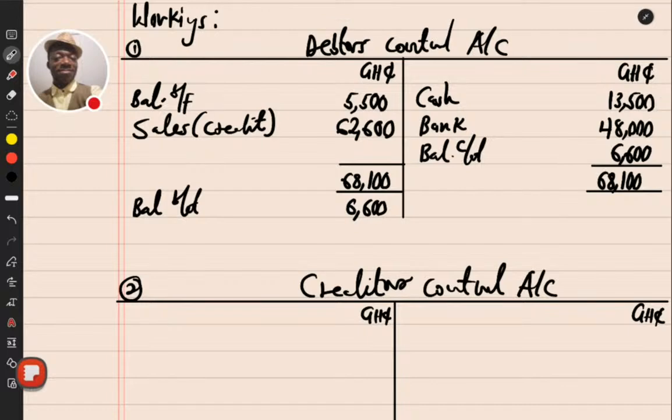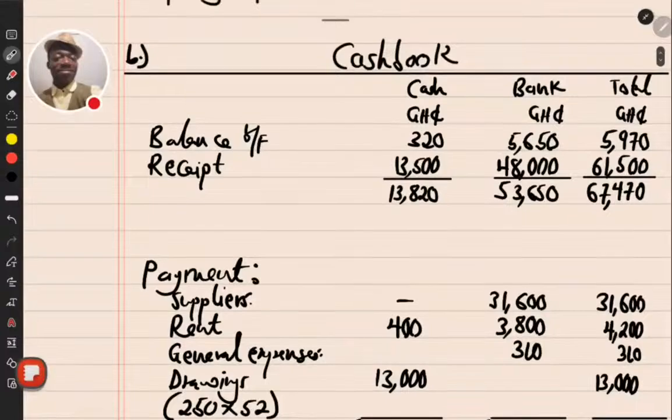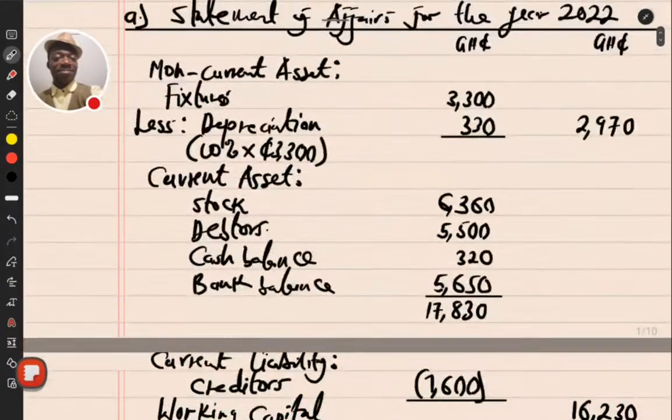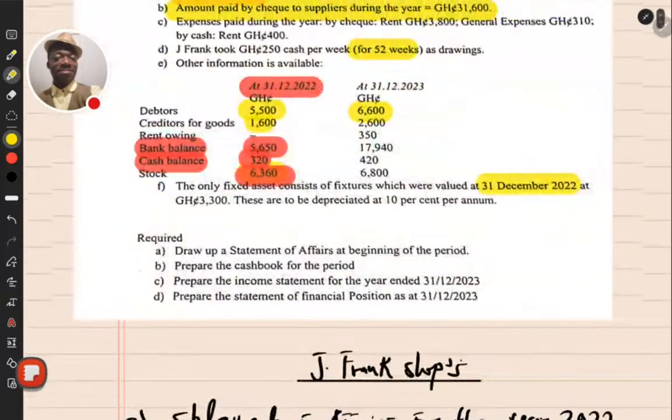So we ask ourselves, was there any opening balance for creditors? And I guess we had one, so we record it here. Creditors have a credit balance, so balance brought forward. So we go back. We were told here that the creditors balance, you can clearly see it from here, this figure, 6,100 as the opening balance.